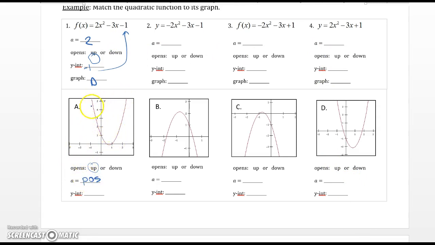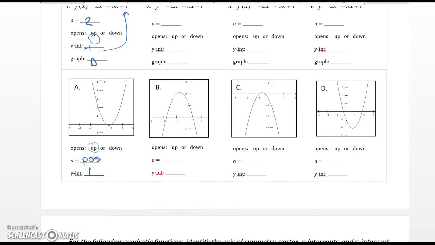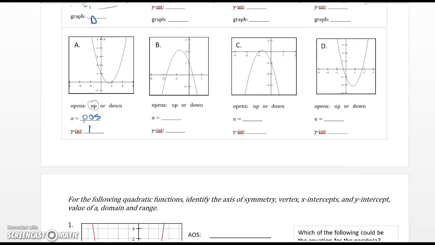We don't know how positive, but we know it opens up. And on this graph, we know the y-intercept is a positive 1 right there. So fill out the rest of this page. When you've gotten that filled out, you can pause here and fill that out, or go on to the next page and come back and finish filling that out later.